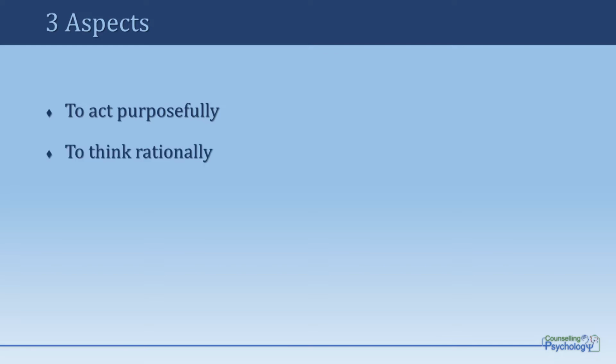If you look at the words given in the definition, you will be able to understand the concept of intelligence. It is an aggregate, or we can say overall holistic capacity, of three aspects. Number one, to act purposefully, that is, decide your action based on the demands and needs of the situation. Number two, think rationally, that is, thinking based on some reasoning, logic.